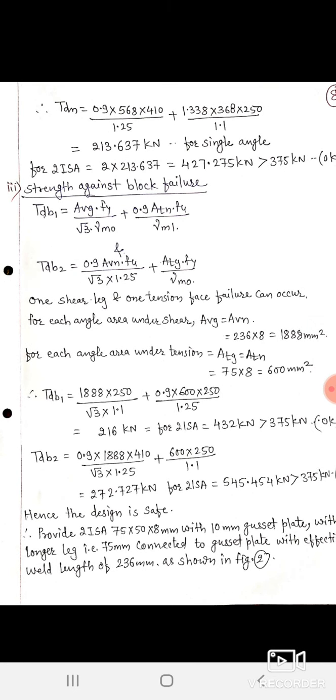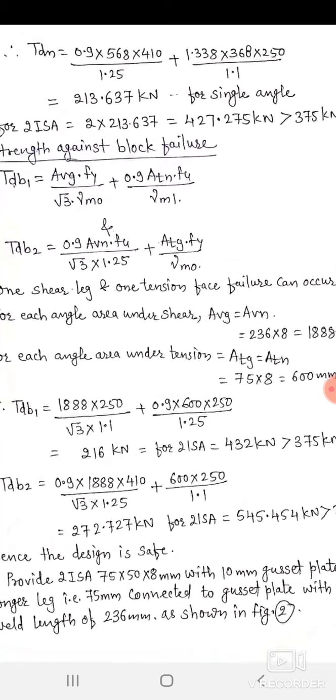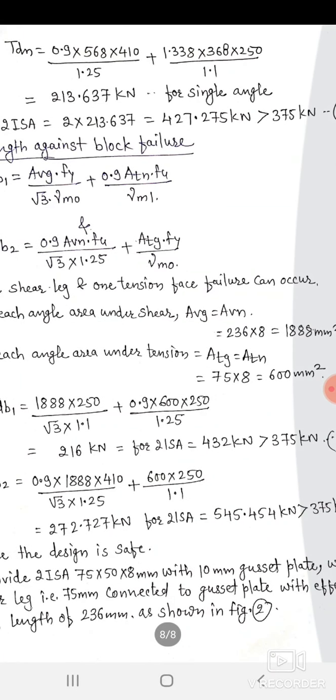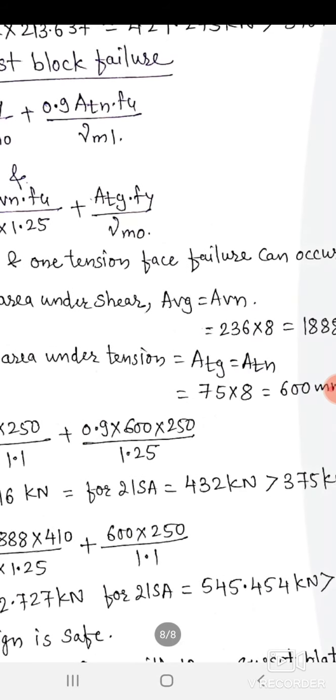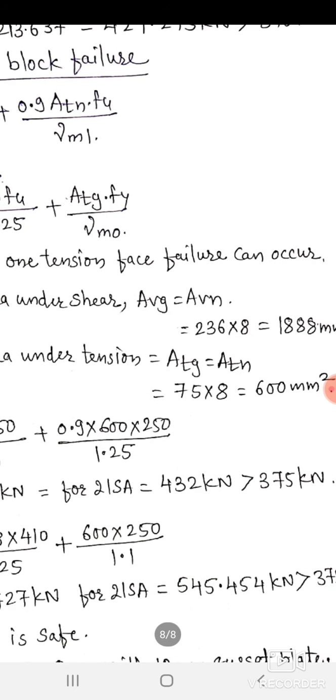For each angle, area under shear AVG equals AVN, and area under tension ATG equals ATN. Since here there is no deduction, gross shear area equals net shear area, so 236 into 8, and gross tension area equals net tension area.